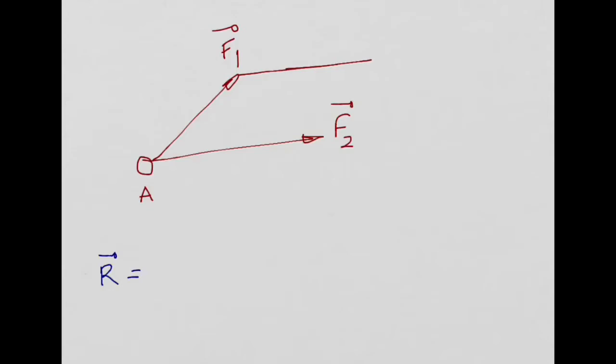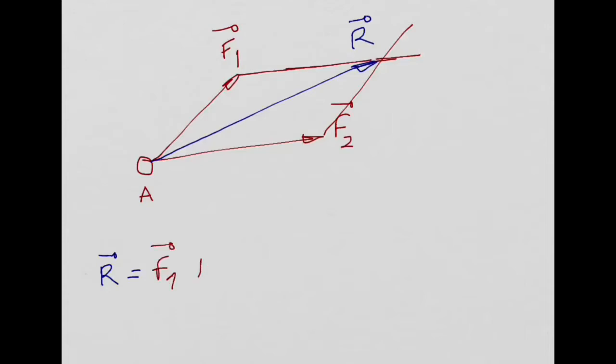So I need to draw a parallel line to F2, a parallel line with F1, right? So in this intersection, I will have this vector, which I call vector R, which is the resultant, which basically is the summation of F1 with F2.